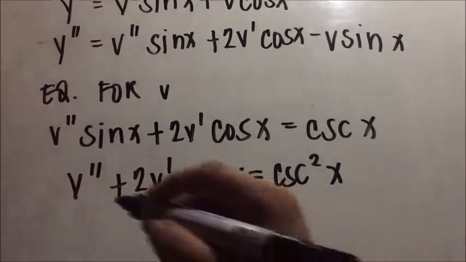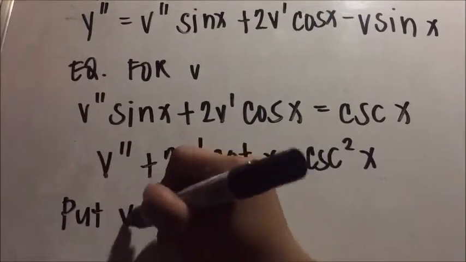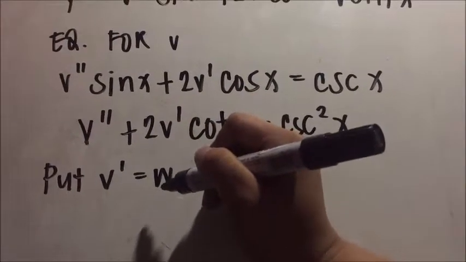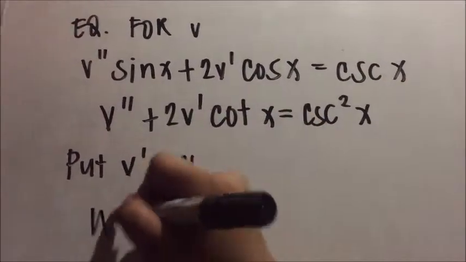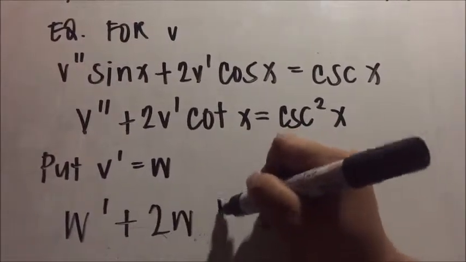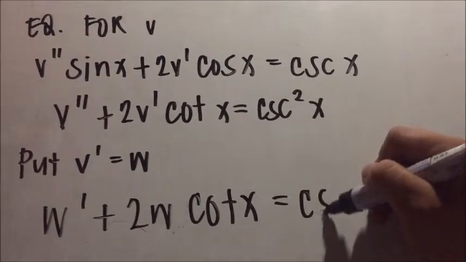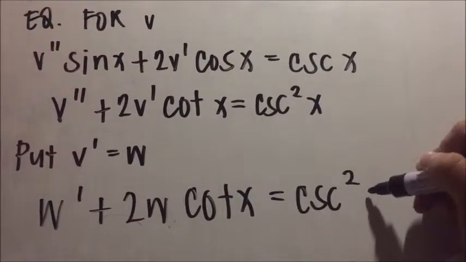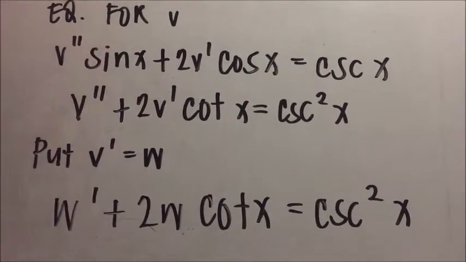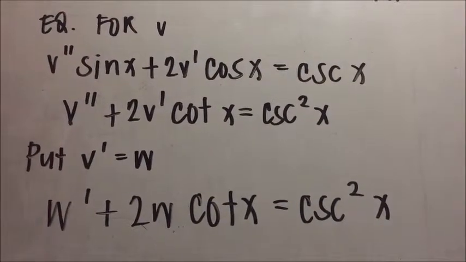So we put v prime is equal to w, then the equation becomes w prime plus 2w cotangent x is equal to cosecant squared x, for which an integrating factor is sine squared x.